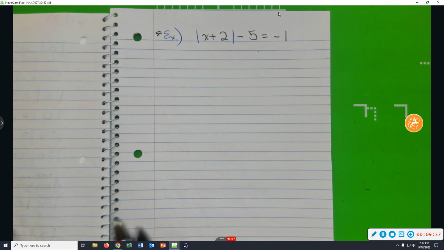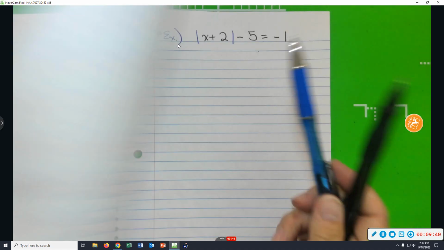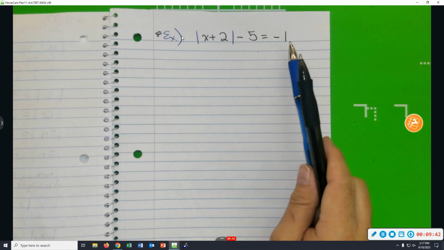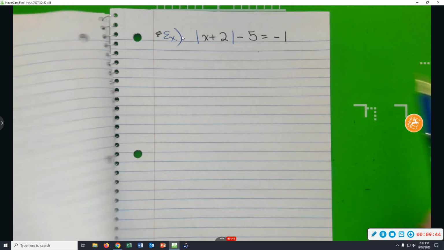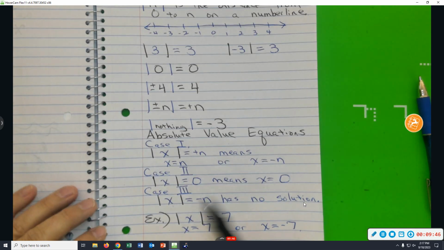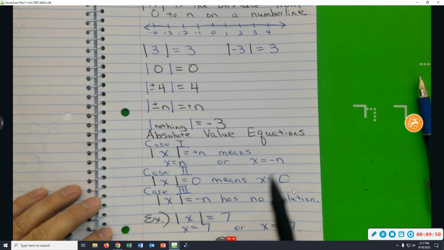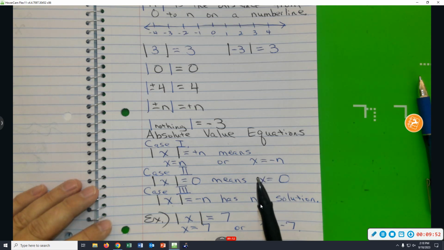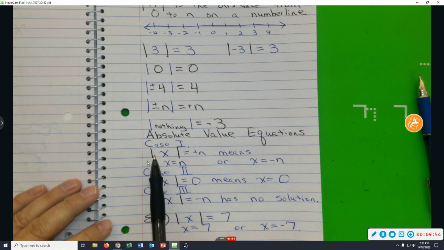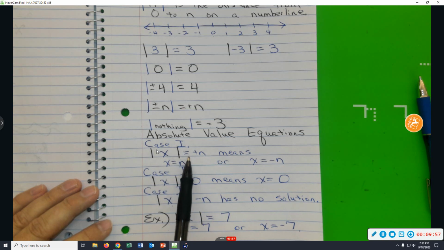The common mistake here is for people to see the absolute value equaling a negative number, and they think to themselves, well, it's case number 3. There's no solution. Think about how I was reading this out as I was writing it down. I'd say you have an absolute value by itself on one side, a positive number on the other.